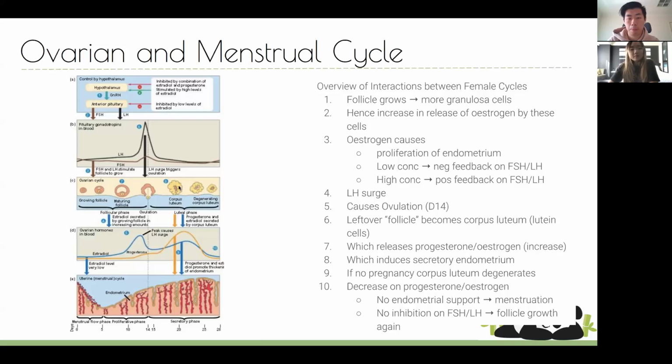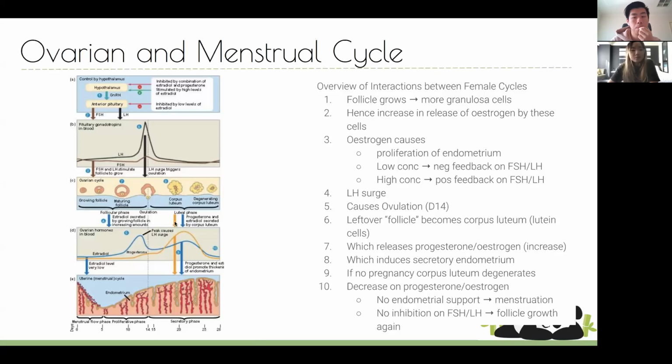The corpus luteum is no longer made up of granulosa cells, it's made up of lutein cells, which are different because they release progesterone and estrogen. So because you have the corpus luteum, you now have an increase in your progesterone in the orange and the estradiol in the blue. That's why you get your peak around day 20 to 21 of these two hormones.